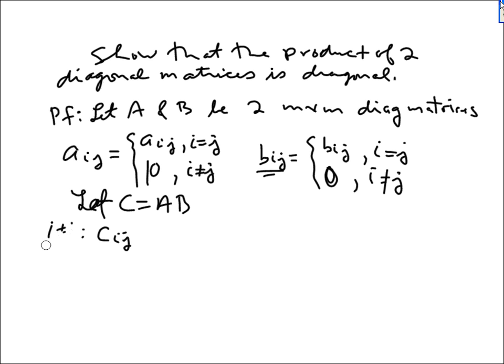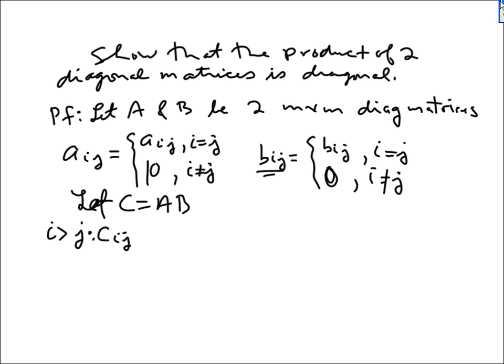Now, we'll do that in 2 cases. Either i is not j for one of 2 reasons. Remember, i and j are just real numbers. Either i is less than j, or i is bigger than j. Suppose i is less than j. Well, just to make life easier for me, let's suppose i is bigger than j.